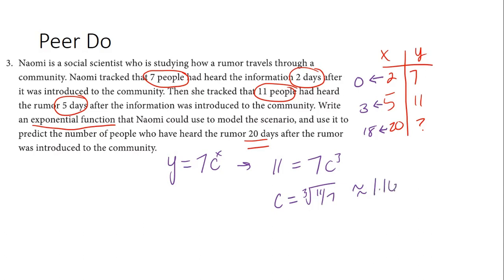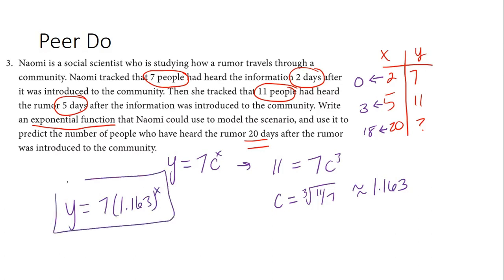There we go, 1.163. So then our equation is y equals 7 times 1.163 to the x. So we found our model. Now that we have our model, can we figure out how far the rumor has spread by day 20?